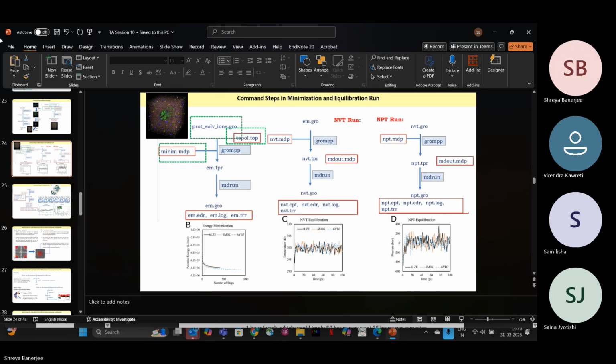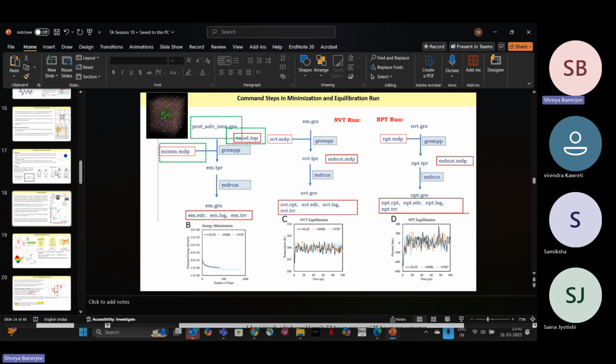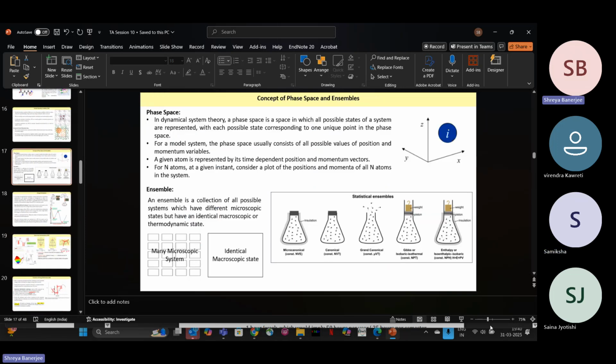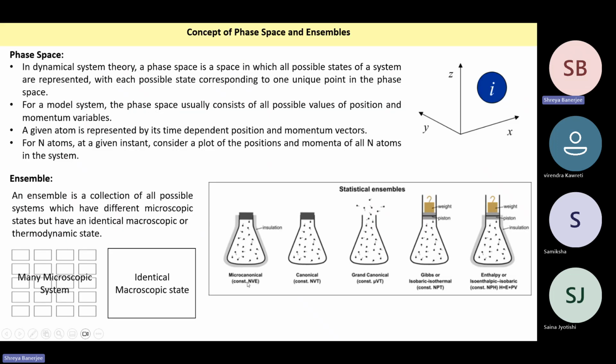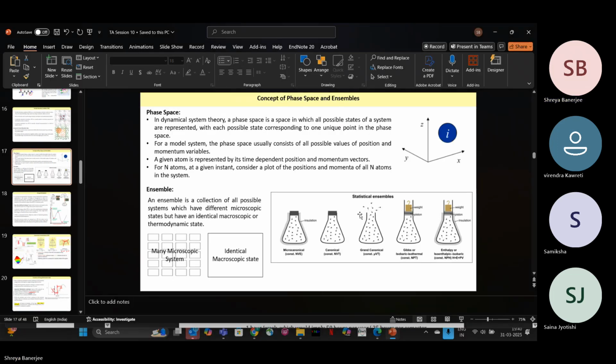Different conditions were there, right? So suppose you want to carry out a simulation in which temperature is changing. You have to choose one of the conditions where temperature is not constant, like the first one, temperature is not constant, or the last one, temperature is not there. So depending on the system you want to study, it is chosen.